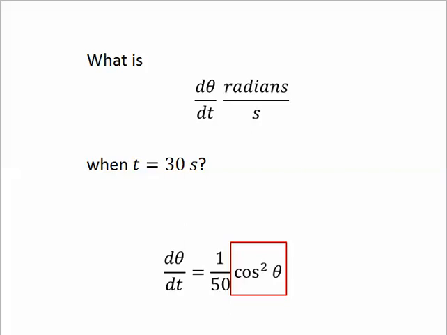All right, I'd like to know what cosine squared theta is at t equals 30 seconds. And that will tell me what d theta/dt is. So what's cosine squared theta 30 seconds after the balloon is launched?